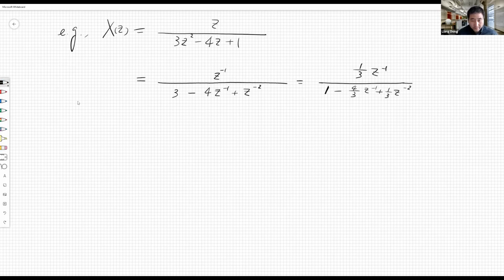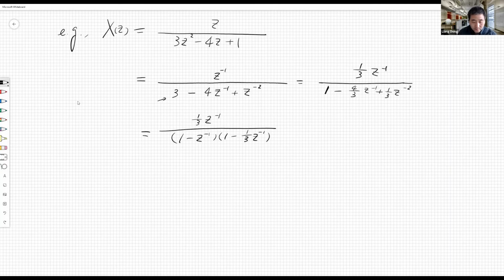So let's do a partial fraction expansion. Now for this denominator, it's easy to observe how to factorize that. So we have 1 minus z to the power negative 1 times 1 minus 1 over 3 z to the power negative 1. Factorize the denominator. It may be easy from this format, but either way, it's easy because it's second order, I can do this factorization.